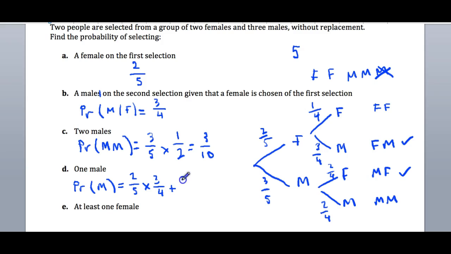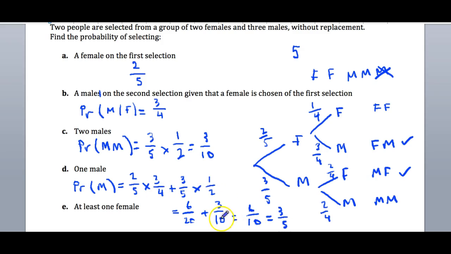So 3/5 and then 2/4. Or if you want, you can simplify that to 1/2. Okay, so we've got 2 times 3 is 6, 5 times 4 is 20, and then 3 times 1 is 3, 5 times 2 is 10, and then we can simplify this to 3/10, so it's going to be 6/10. And then that can simplify to 3/5.